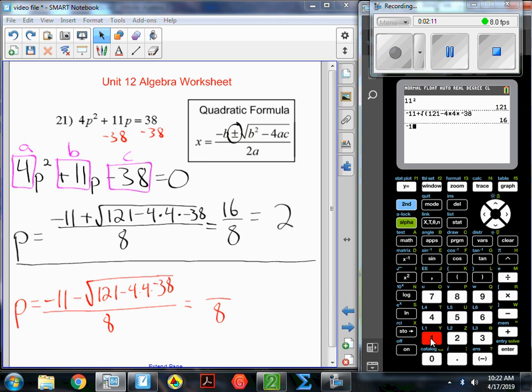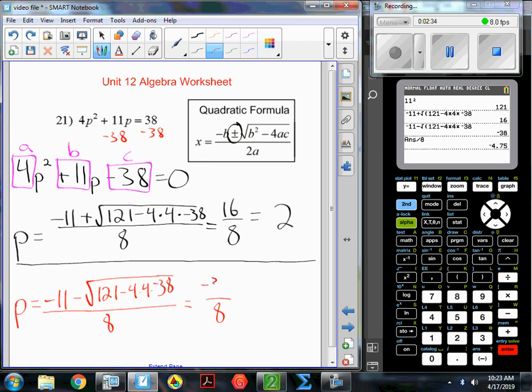So b squared minus 4 times a times c is negative 38. Okay, I don't know what that one divided by 8 is, so I'll hit divide by 8. So negative 38 divided by 8 is negative 4.75.